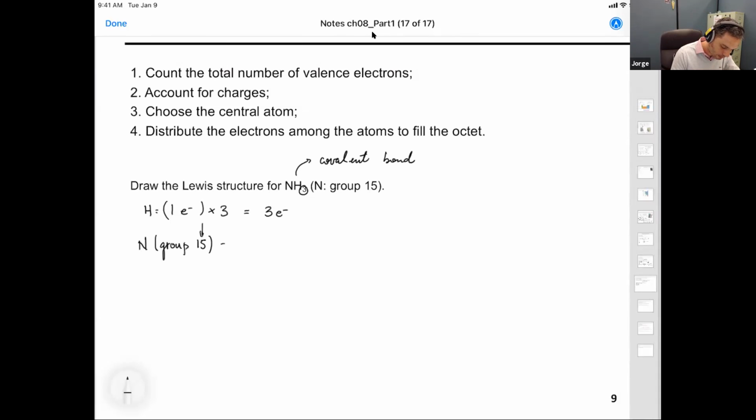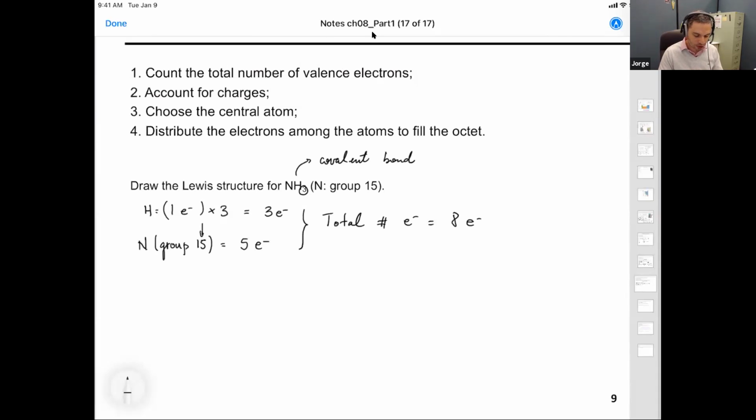Therefore, 5 electrons in the valence shell, and that's the contribution from the nitrogen. There is only one, therefore that's it, which will yield a total number of electrons equal to 8. So we have 8 electrons in total to distribute among the atoms to make everybody happy.